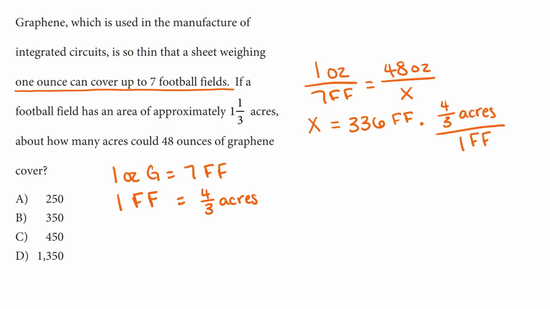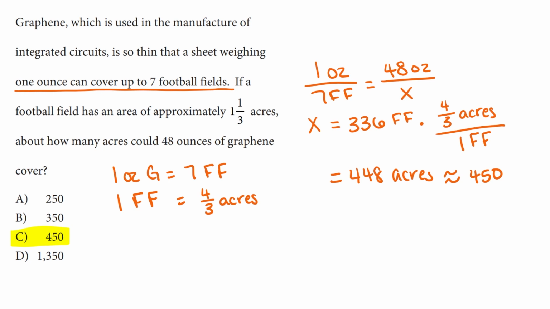Because every 4/3 acres is 1 football field. So multiplying 336 by 4/3 gives us 448 acres, which is approximately 450. So our answer then is letter choice C.